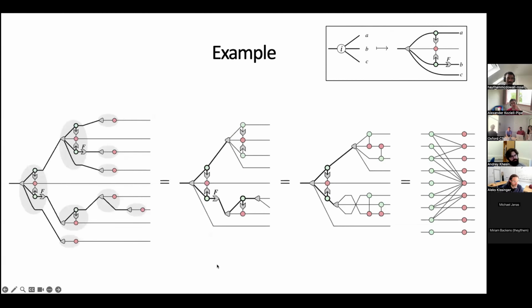If you apply some little ZX rules, you can just massage this out, and you end up getting this encoder.